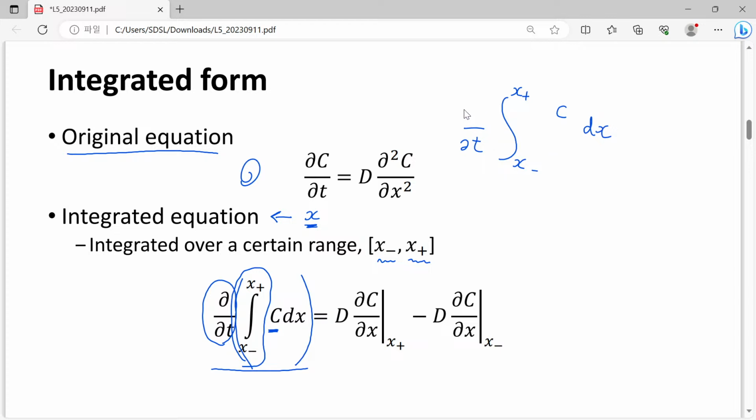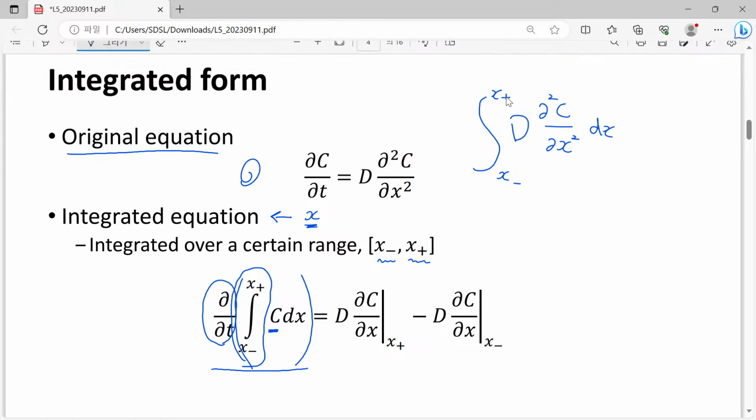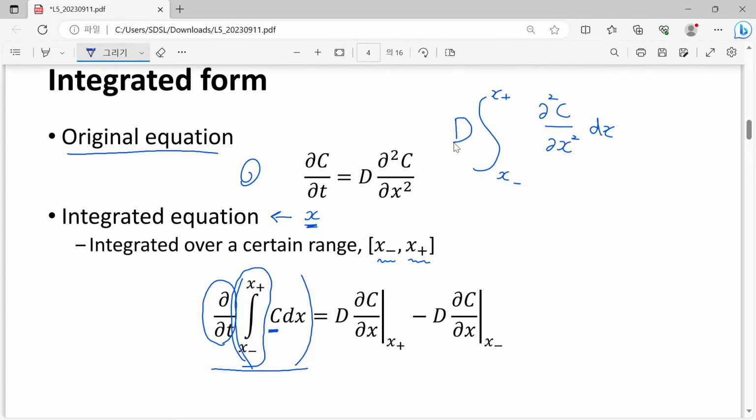Then let me do the second one, the right hand side, together with it. It is not very difficult. So here we have D and round C here, and of course please note that we have already assumed that D is constant over our system. That's the reason why we have D in front of this derivative. Then we can also pull it out.